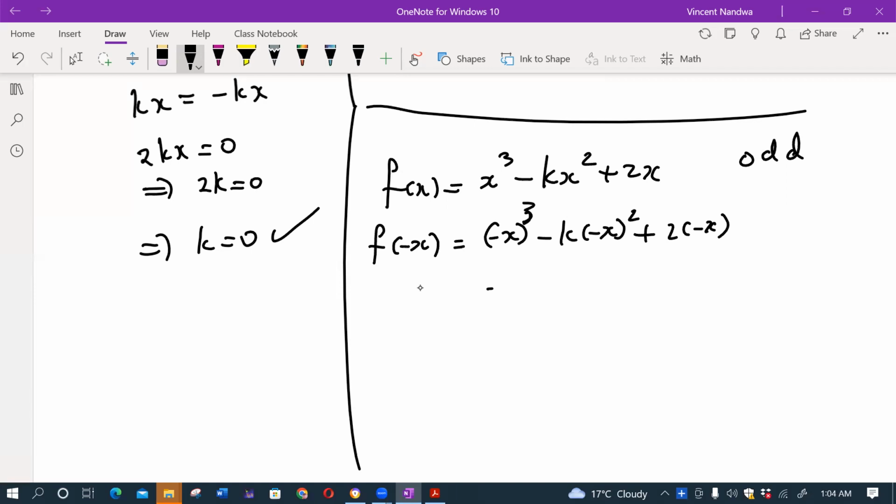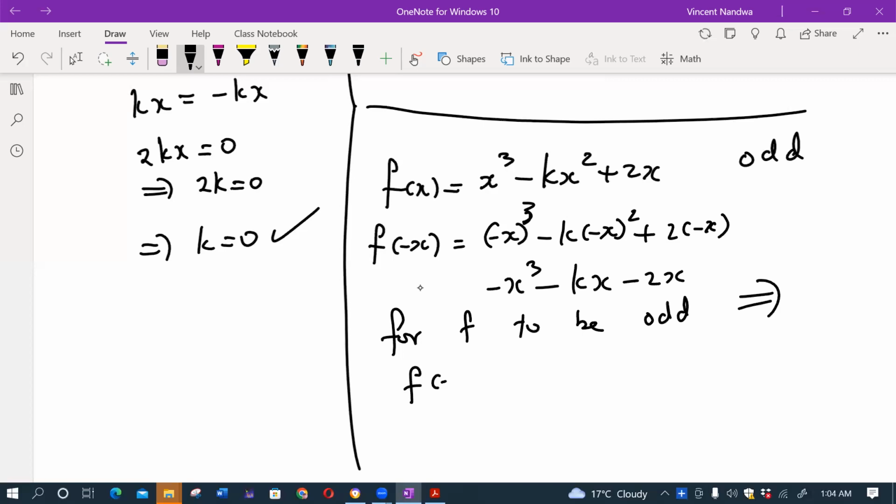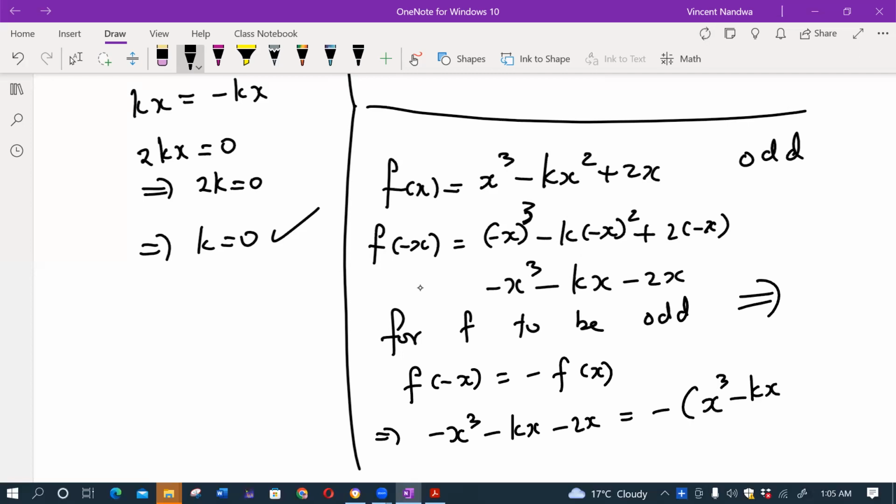So this will be minus x cubed minus kx squared minus 2x. Now for f to be odd, it implies f of minus x equals minus f of x. So minus x cubed minus kx squared minus 2x will be the same as negative of x cubed minus kx squared plus 2x.